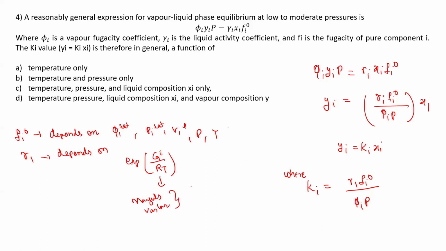So what are all these expressed in terms of? They are expressed in terms of composition, right? A x1, x2. So this is depending on composition, right? So therefore, this depends on T, P and composition.